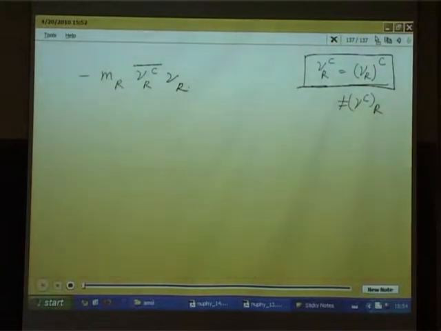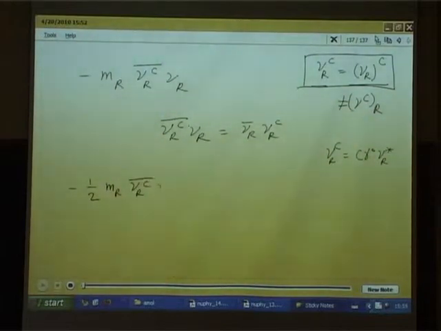One can show that μRC bar μR is actually the same as μR bar μRC, using the algebra of charge conjugation, where μRC is equal to C μR star. So μRC bar μR is the same as its conjugate, μR bar μRC.